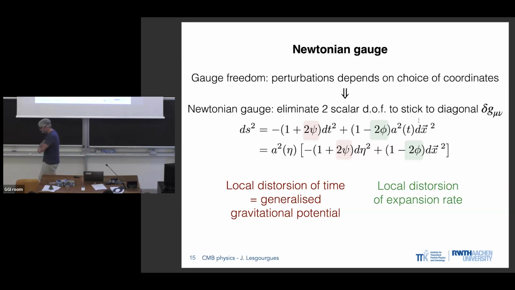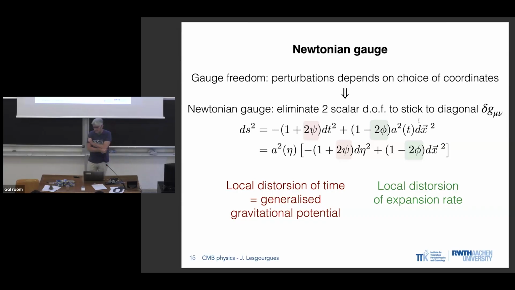So what do we do with this? If you would just ignore the problem, you would end up with a bad description where some of the solutions of the equations of evolution would be spurious gauge modes. So you have two choices. Either you work a lot in order to define only gauge invariant combinations of perturbations, and then you find the gauge invariant equations of motion that dictate their evolution.